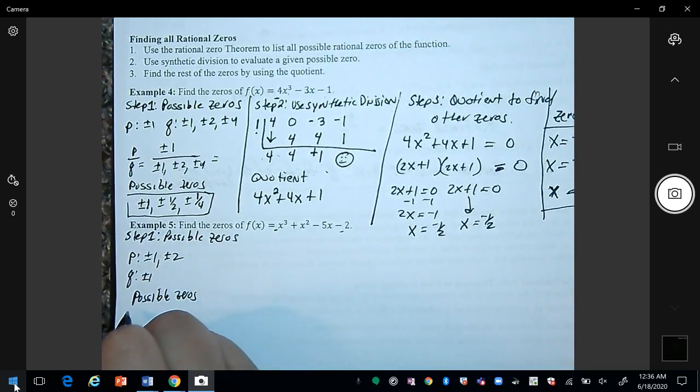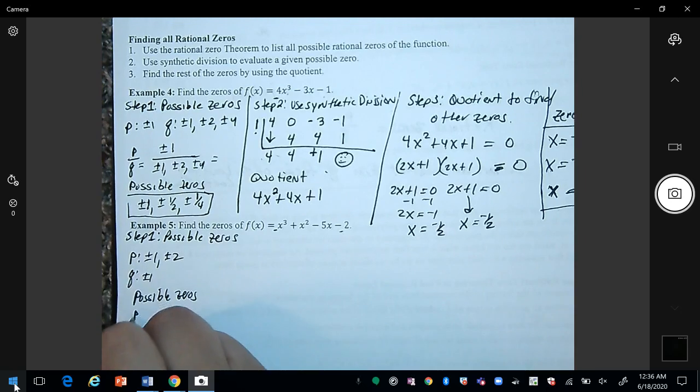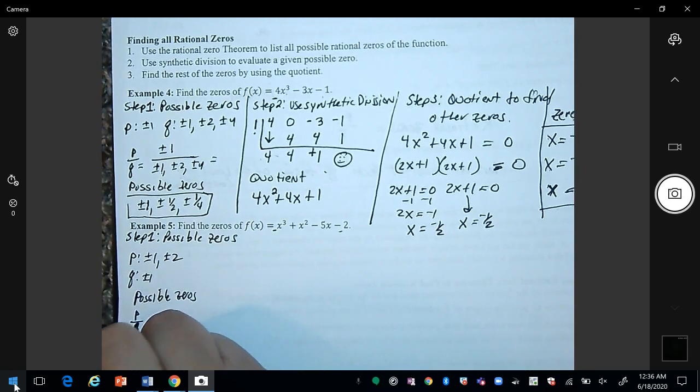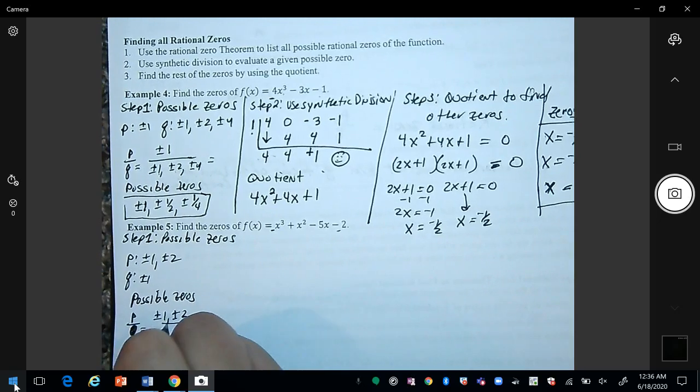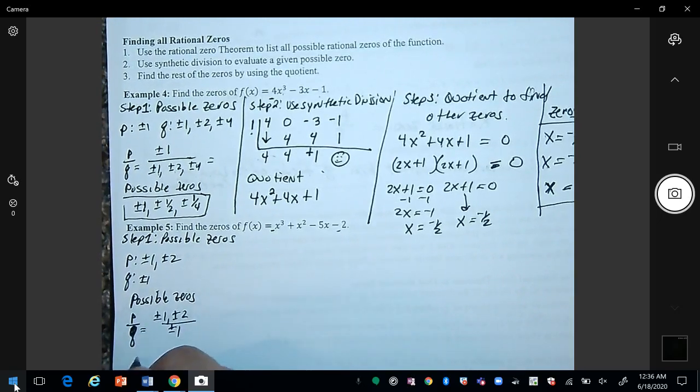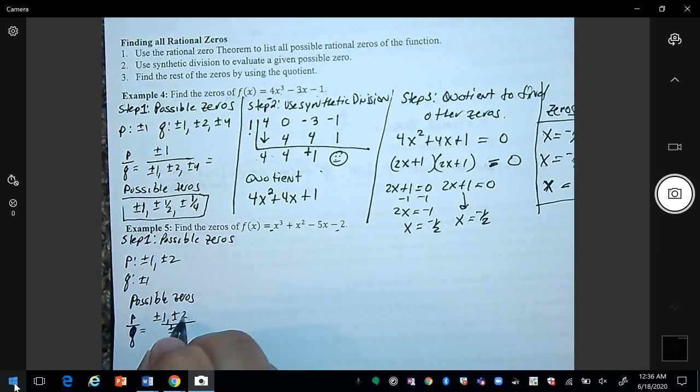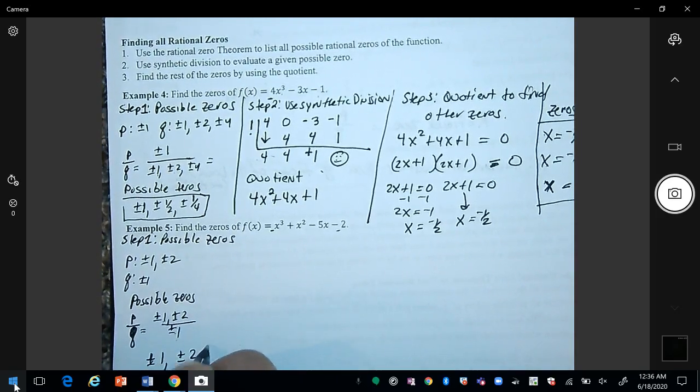So my possible zeros here... oh, we need to divide. So they're going to be 1 divided by 1, which is plus or minus 1, and 2 divided by 1, which is plus or minus 2.